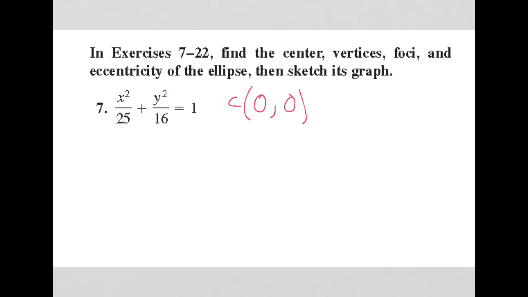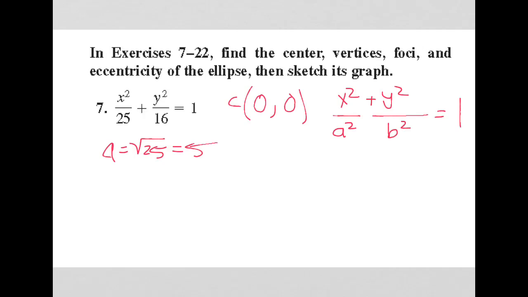So if you look at that equation there, remember the form is x squared over a squared plus y squared over b squared. Since the larger number is underneath the x, I know that is a squared, and then I have b squared underneath my y term. So that tells me this ellipse is horizontal, and you can think of a as being the square root of 25, which is 5, and b is the square root of 16, which is 4.